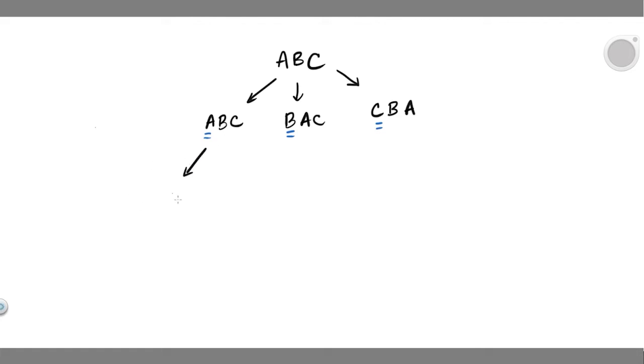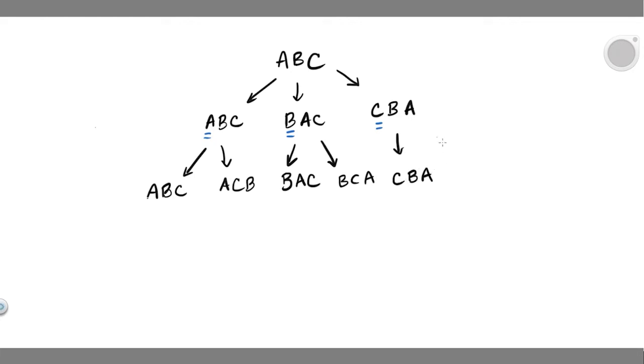You can swap B with itself, in which case the original string doesn't change, so you have A, B, and C. Another way you could swap it is B with C, which would produce A, C, B. The two ways you could swap A and C in this situation would be to swap A with A, which would not change anything, and you could swap A with C, which would produce B, C, A. And we could go through the same process here. So that if you swap B with B, it's C, B, A. And if you swap B with A, you get C, A, B.